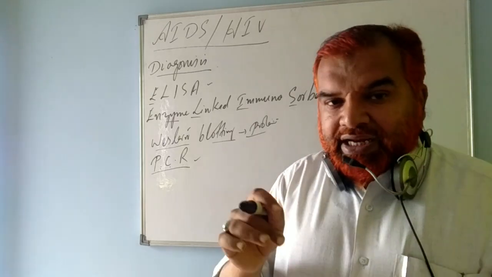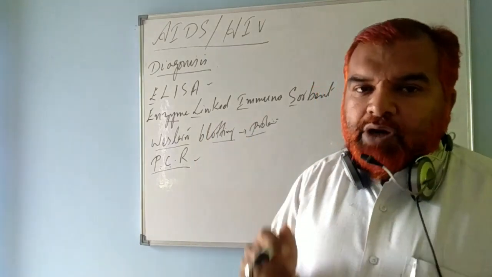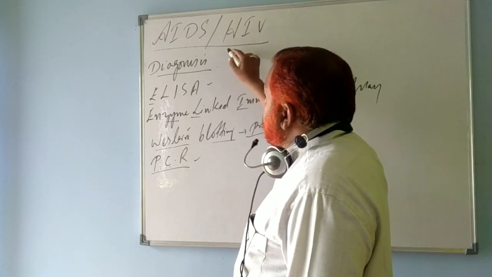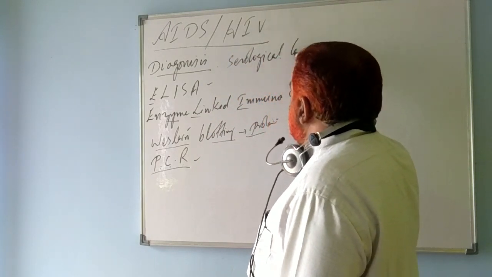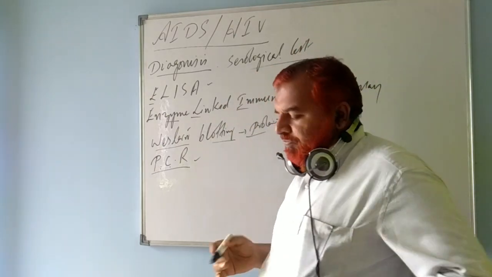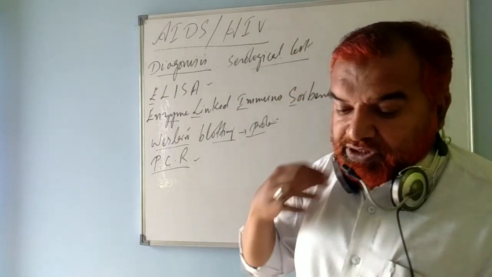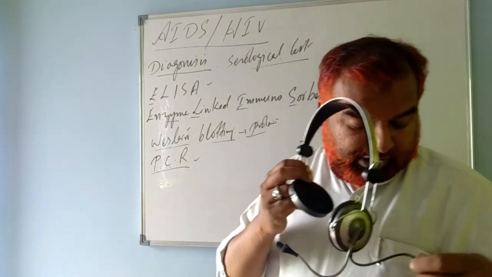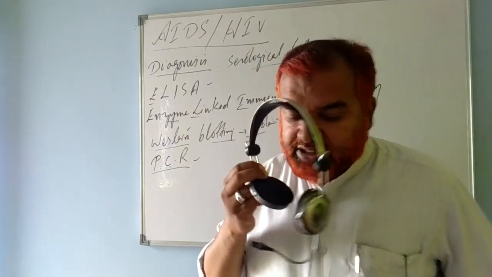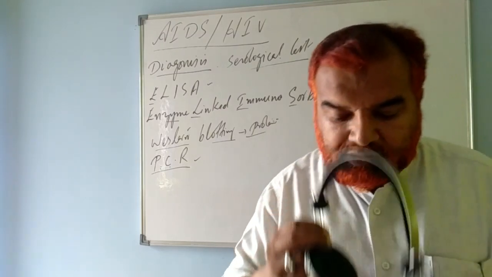How is it detected? By taking the serum from blood. That's why this is called a serological test. This test is known as a serological test because we use serum here in this technique.